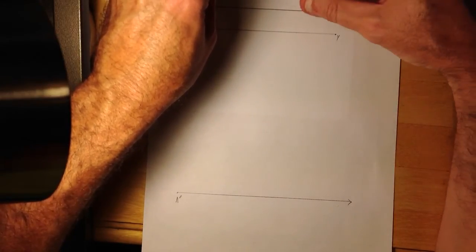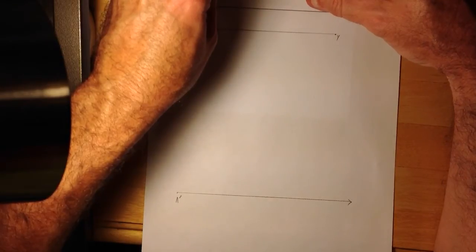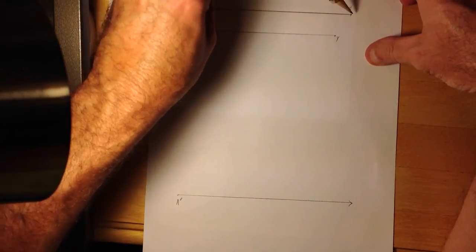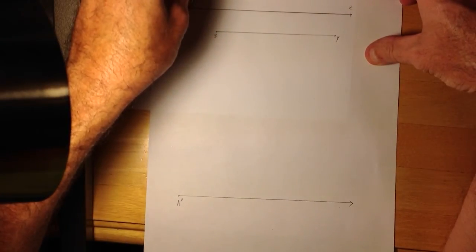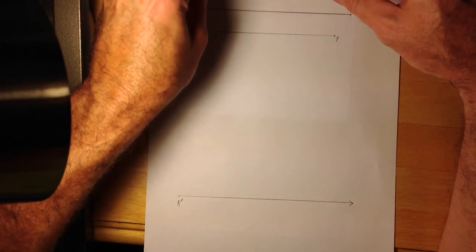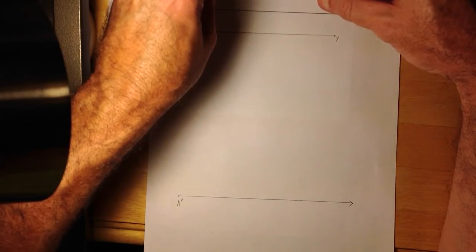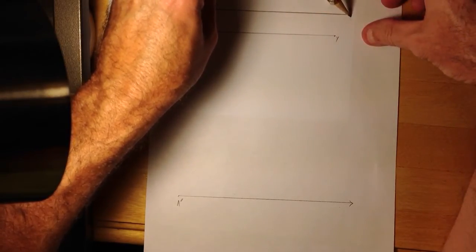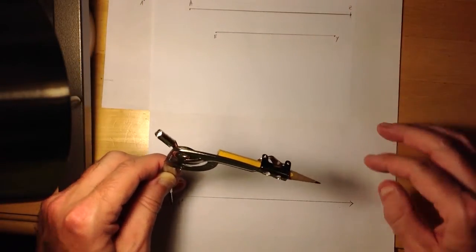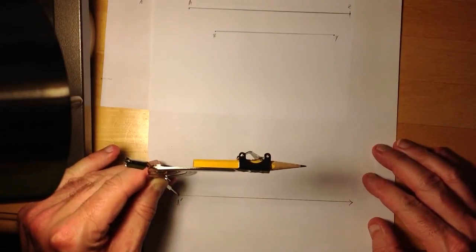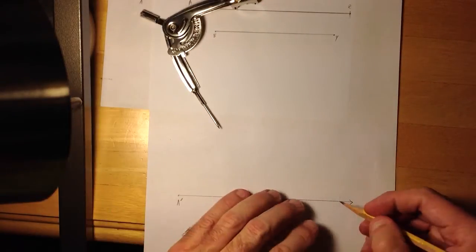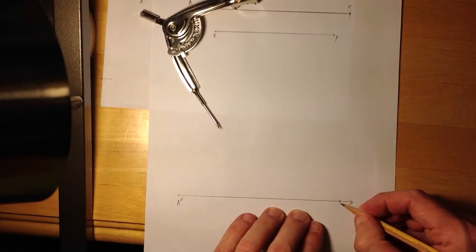So, a little short. Having a little trouble adjusting this. There we go. AZ. There we go. And then we'll make A prime congruent. So we'll call this Z prime.